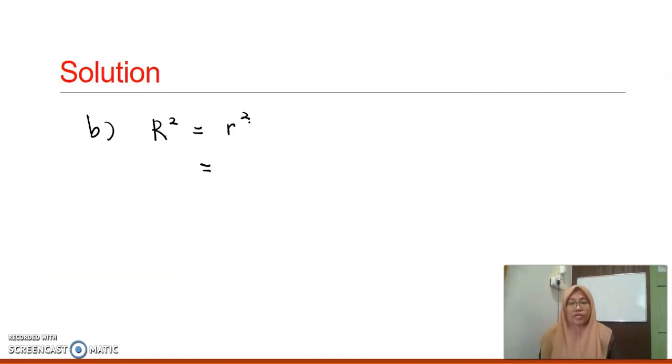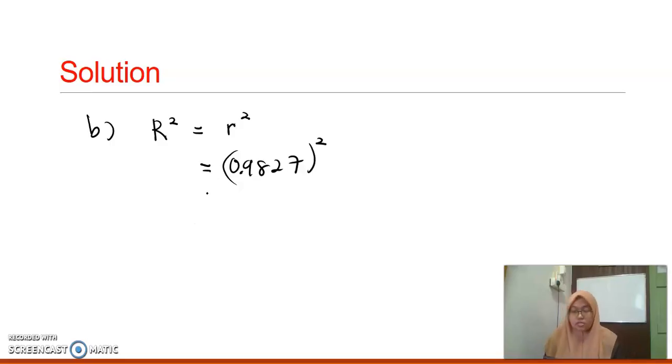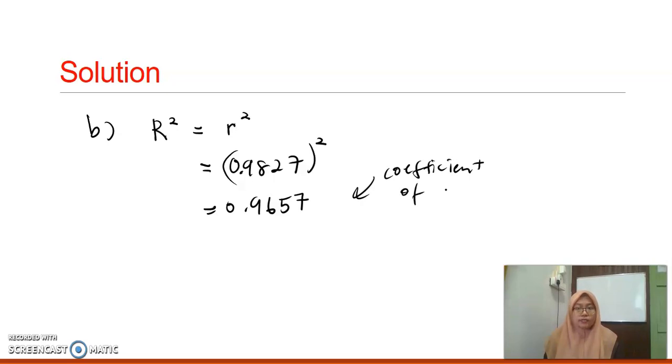So 0.9827 square. The value of R square is 0.9657. So this is the value of the coefficient of determination.